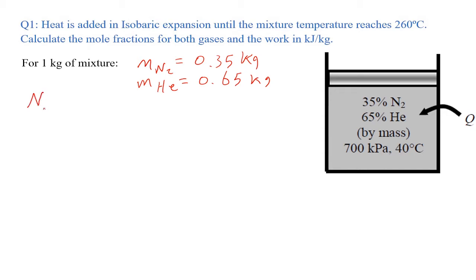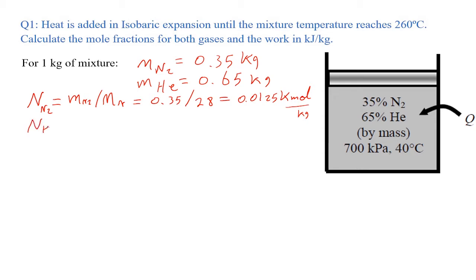So the number of moles for nitrogen is the mass of nitrogen divided by the molar mass of nitrogen. So the mass of nitrogen, 0.35 kilogram, divided by the molar mass of nitrogen, which is 28. So we get 0.0125 kilomole of nitrogen. This is not an absolute value, this is specific per kilogram.